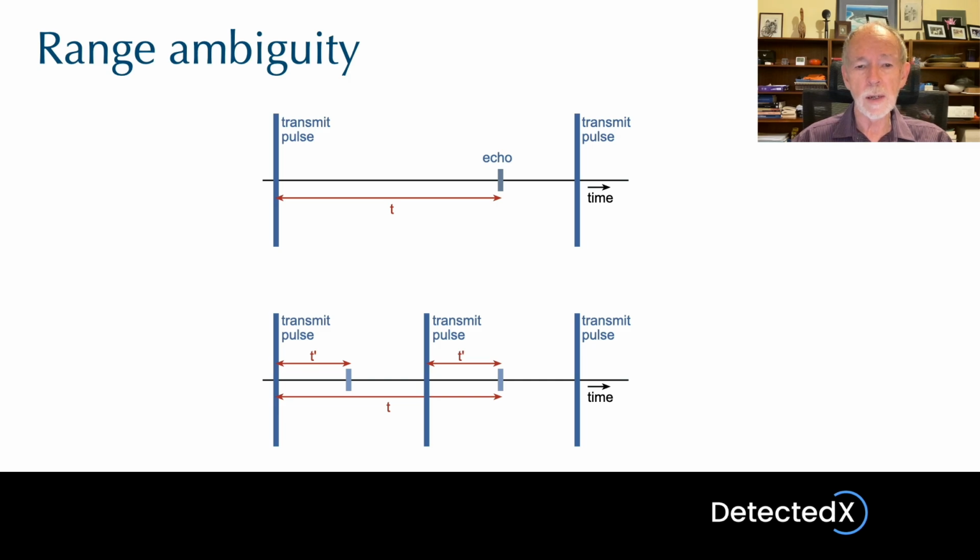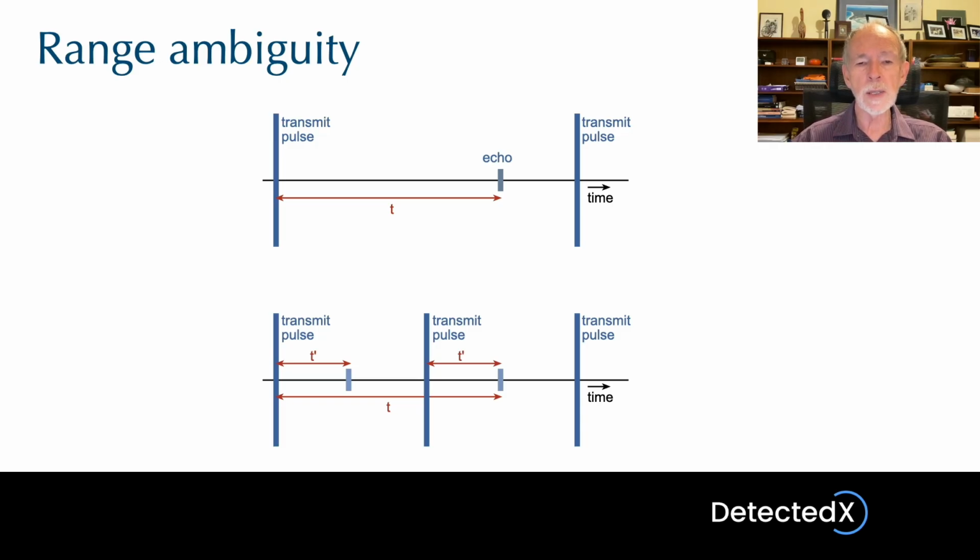In the bottom diagram, I'm showing what would happen if the machine doubled the PRF. And you can see that that echo is still occurring at that same time t after each transmit pulse. However, the machine is transmitting before that echo is received, and so when it receives that echo, it isn't able to determine whether that echo has come from the new transmit pulse or the previous transmit pulse.